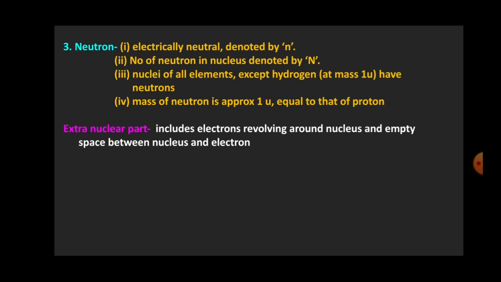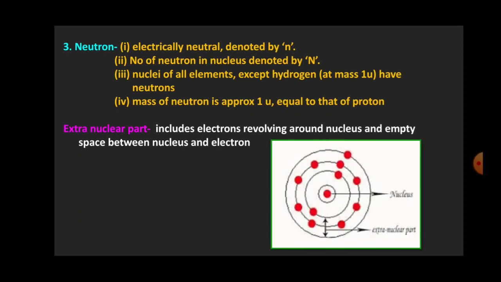Now this includes the electrons which are revolving around the nucleus, and the empty space between the nucleus and the electrons, right? This we had seen in the earlier atomic models also, that some of the space in the atom is empty, some has the positive protons, and outside the nucleus the negatively charged electrons revolve around the nucleus.